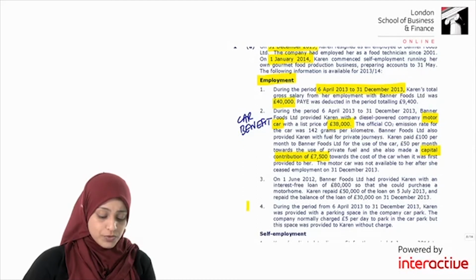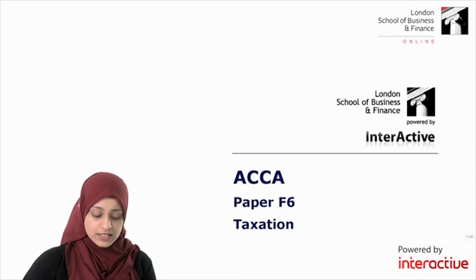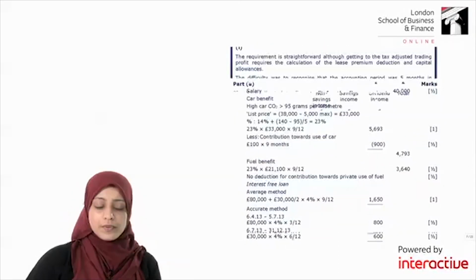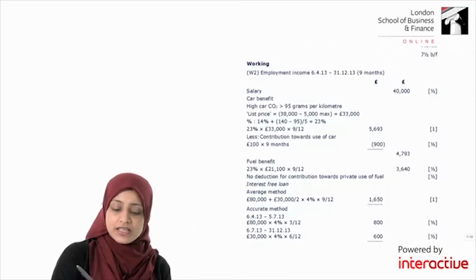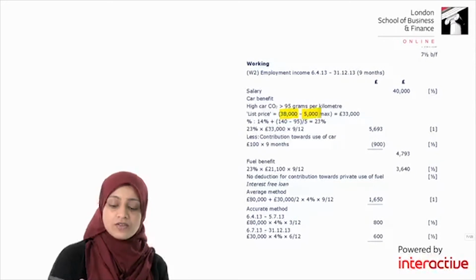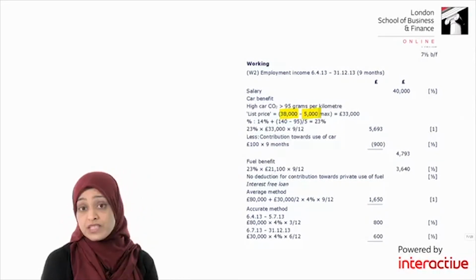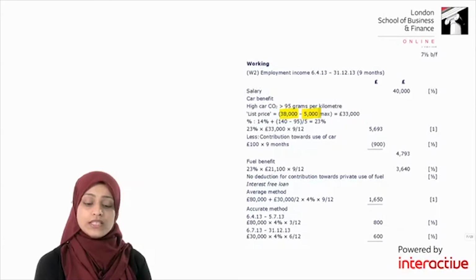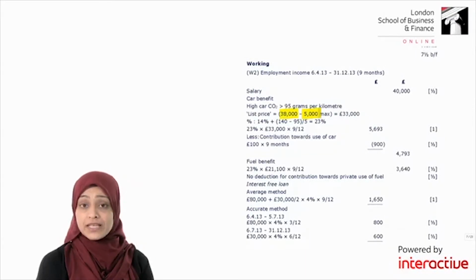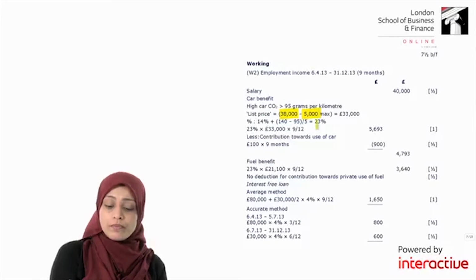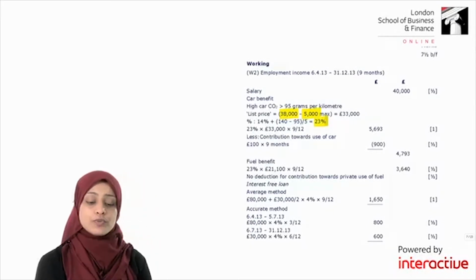So if we just briefly look at the answers, we will see that we've taken the list price of the car minus 5,000 maximum. Although she did contribute 7,500, we can only deduct a maximum of 5,000, and then we multiply it by the CO2 percentage.